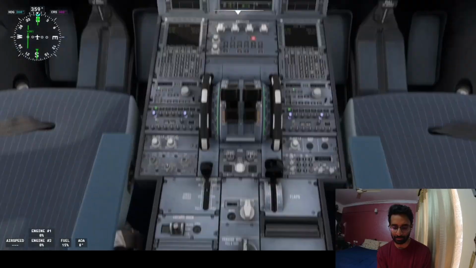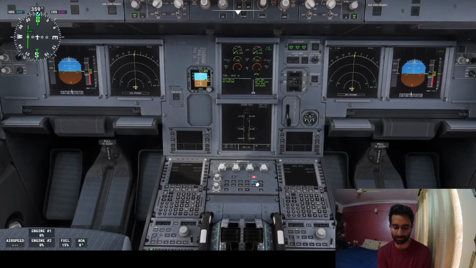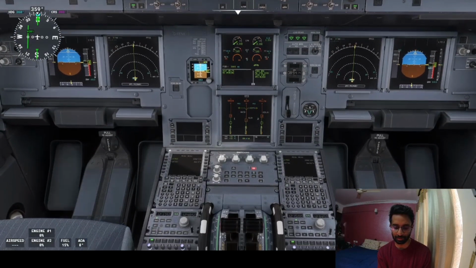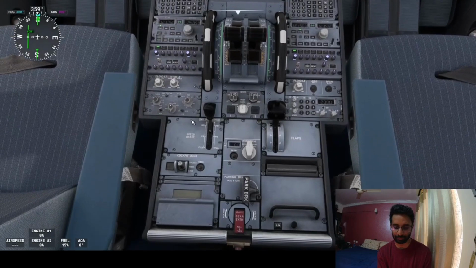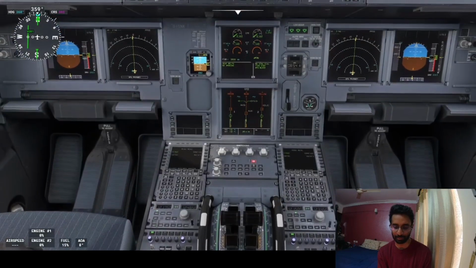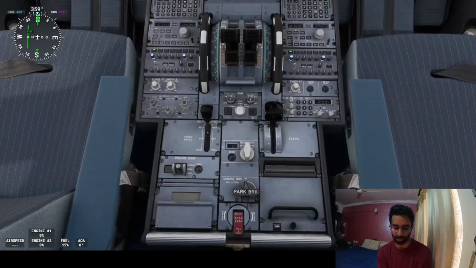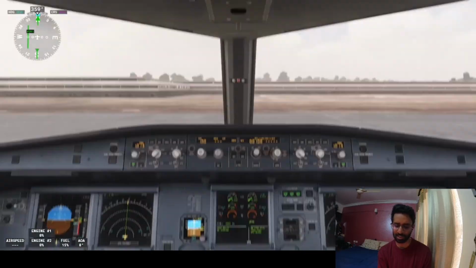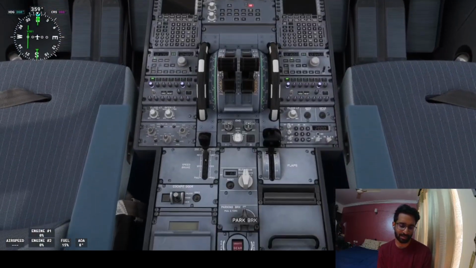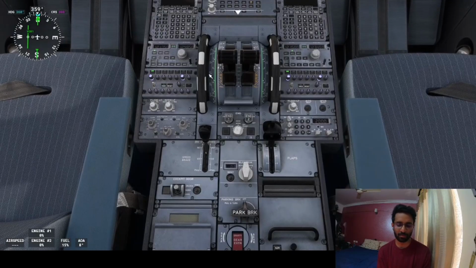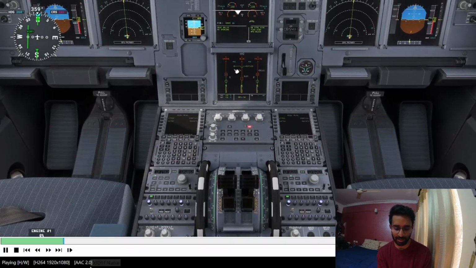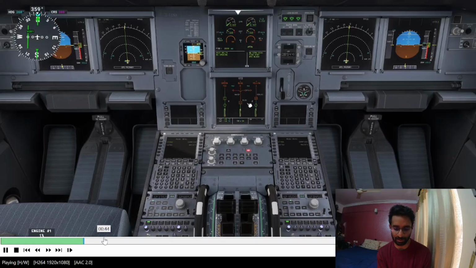So again, brakes are released. We are pushing back. The first initial part of first engine startup remains the same. There is no difference. You already saw when the PTU is inhibited. So I'll just skip forward a bit so that we save a little bit of time.